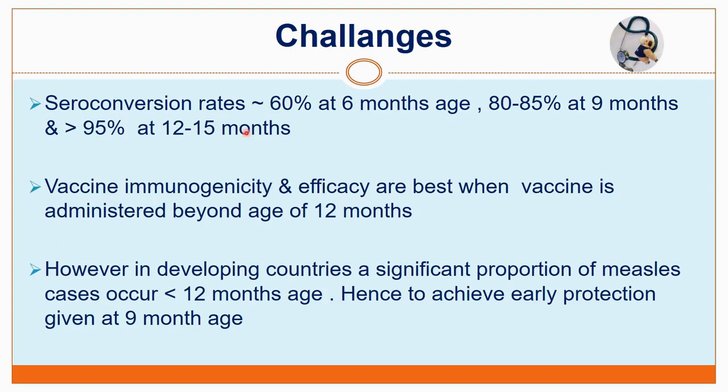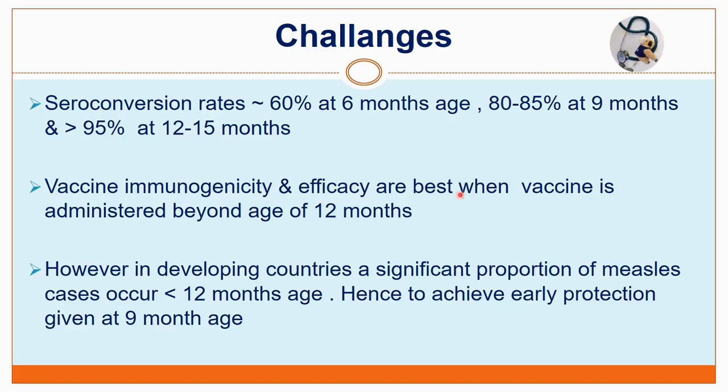There are some challenges for the measles vaccine, especially for developing countries. It was noticed that with increasing age, the seroconversion is better: 60% at 6 months, 80 to 85% at 9 months, and more than 95% at 12 to 15 months. So it is obviously better if you give the vaccine at 12 to 15 months, since the vaccine immunogenicity and efficacy is much better then.